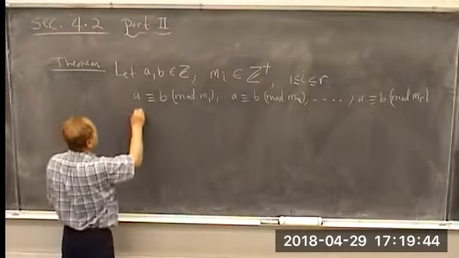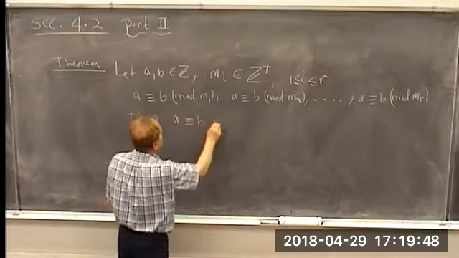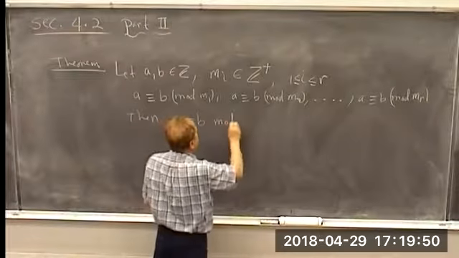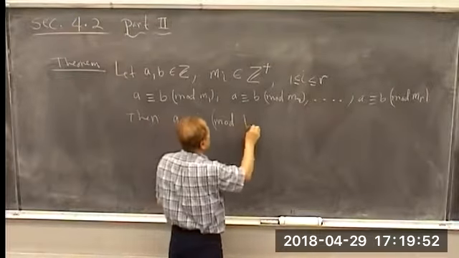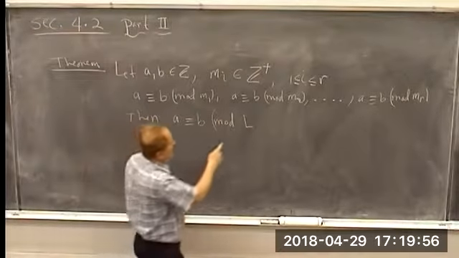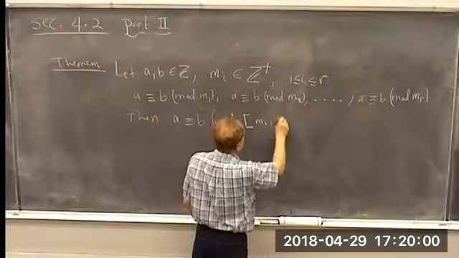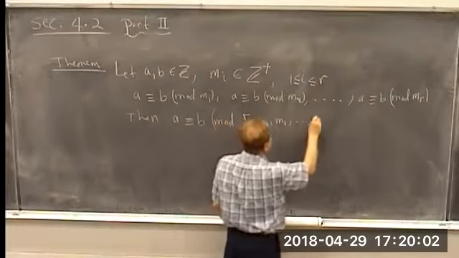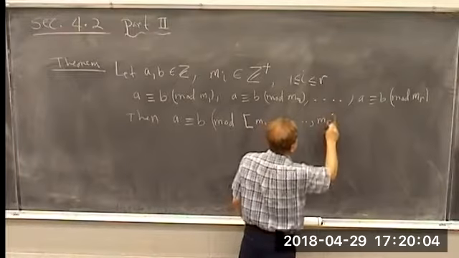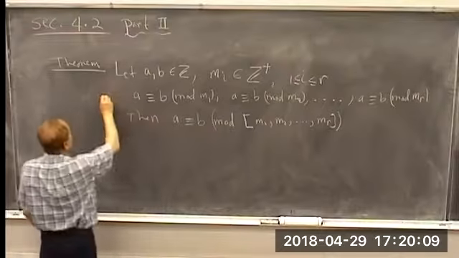Then A is congruent to B mod the least common multiple of the Mi's. Okay, remember the symbol for least common multiple is a bracket, M1, M2, and so on. Okay, so this is actually the first part.